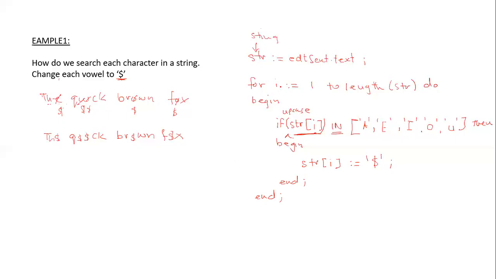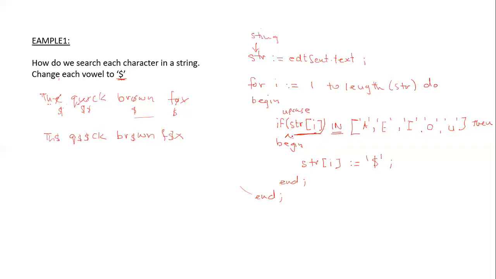As I changes, when I is 1, it checks if the first position is a vowel. In this example, T is not. So it ignores the statement, goes back up. I becomes 2. That's now referring to the H. It's not in the set. Ignores that statement, goes back up.